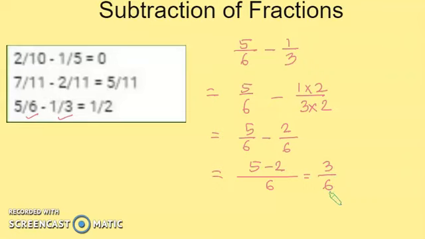So here it is 3 and it is 6, and if you divide both numerator and denominator by 3, or cancel out by 3, you get 3 divided by 3 is 1 and 6 divided by 3 is 2. So the fraction in the lowest form is 1 by 2. What I mean to say is 3 by 6 is equal to 1 by 2. We always write our answers in the lowest form.